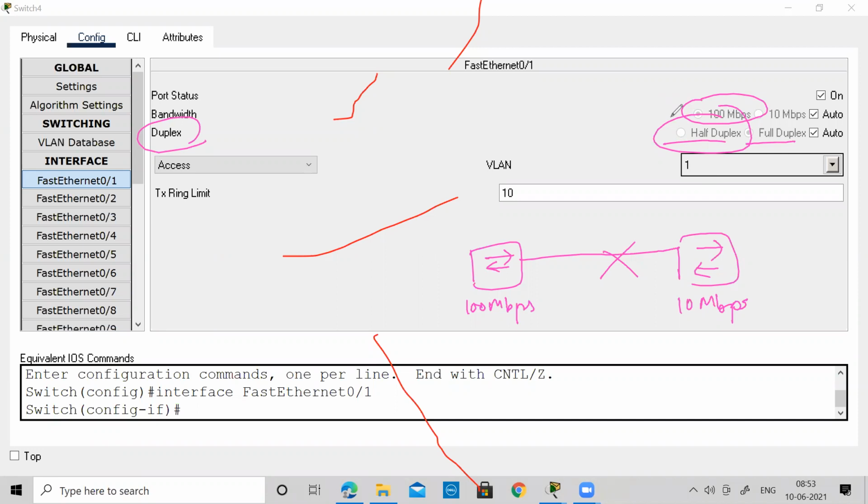Half duplex means you just have one channel, and that is used for both transmission as well as reception. And for full duplex, you have two channels: one for transmission and one for reception. Okay, so these are communication parameters which should be checked before you start your actual configuration.